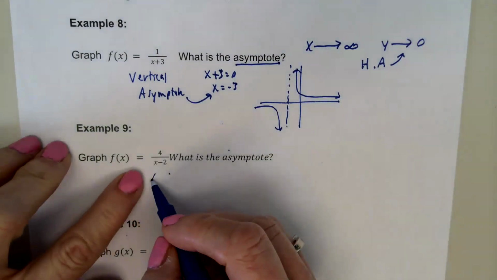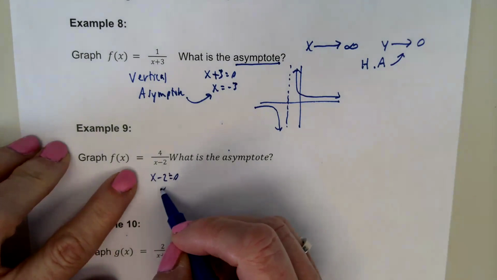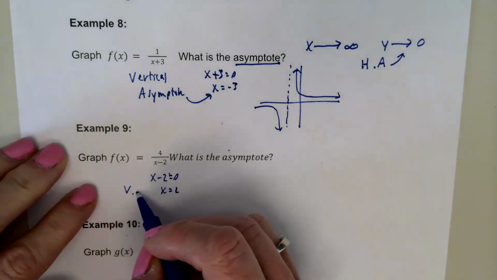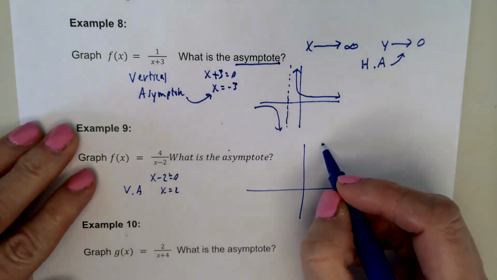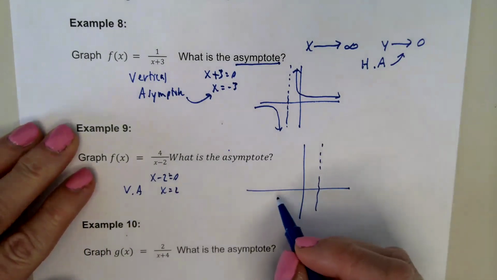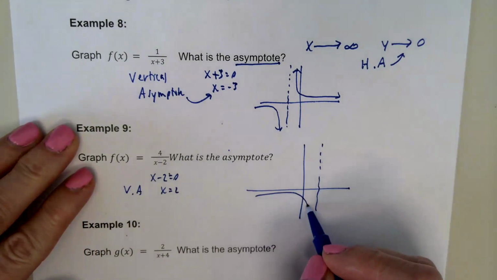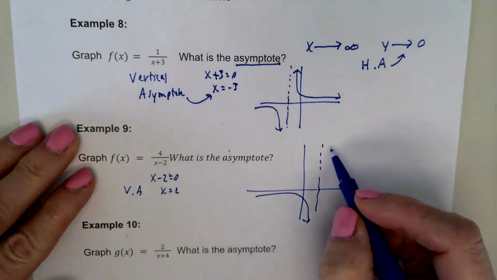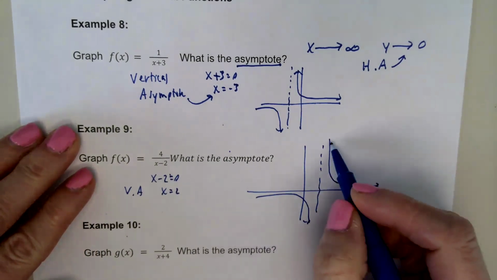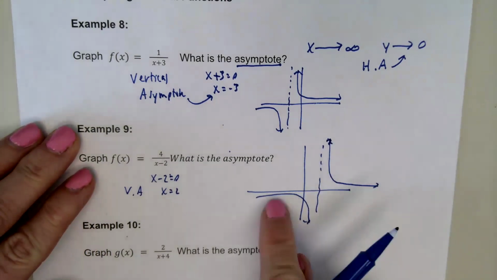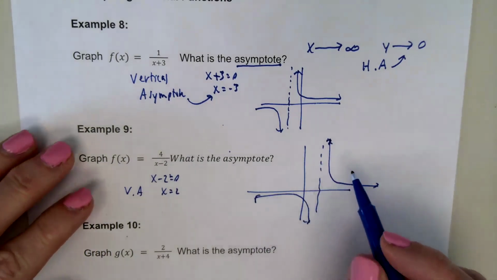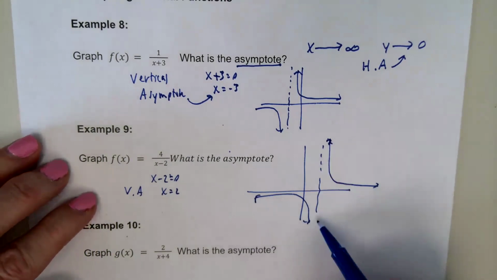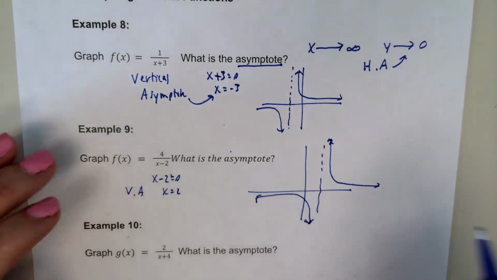Because x minus 2 equals 0, so x equals 2 is a vertical asymptote. So the function can't cross the x-axis. There are no x-intercepts. And it's got this vertical asymptote here.